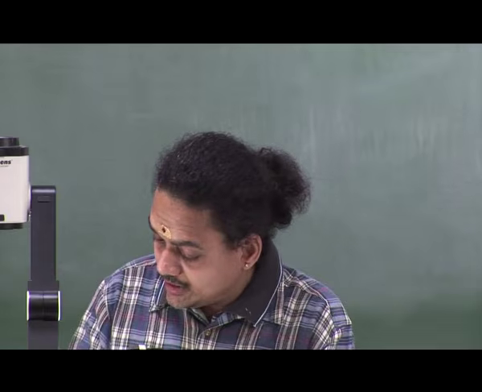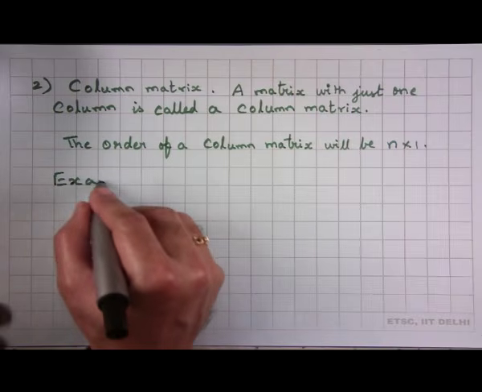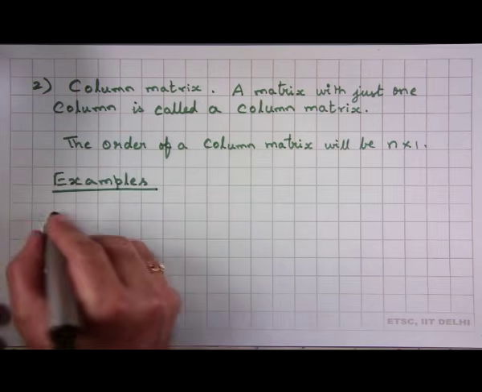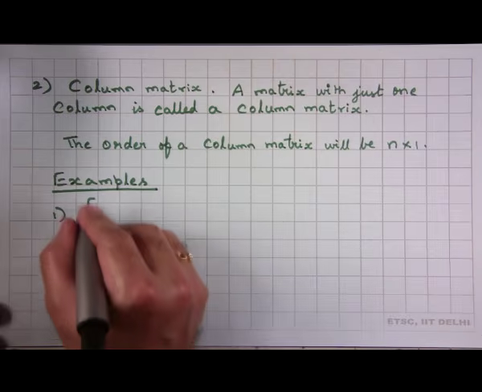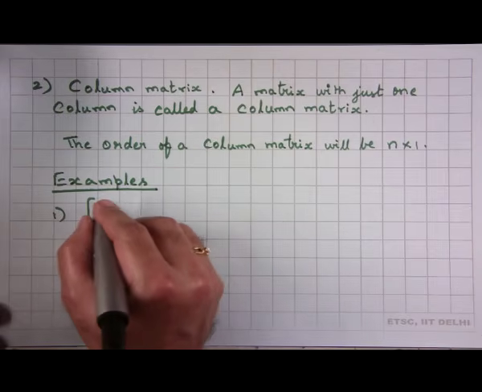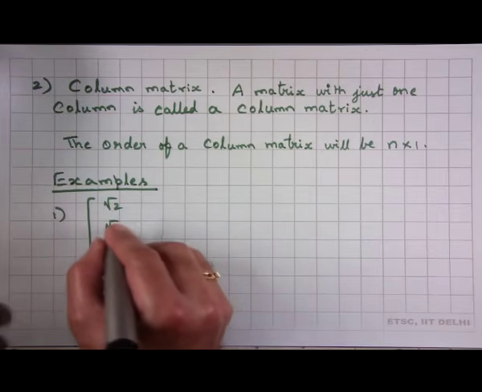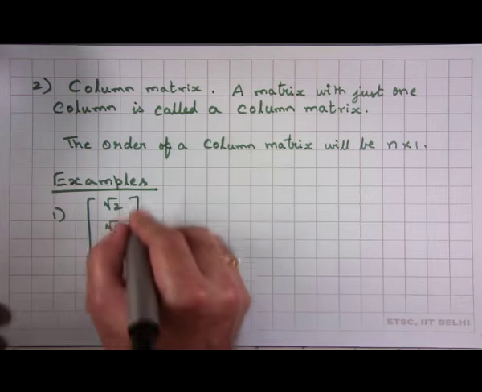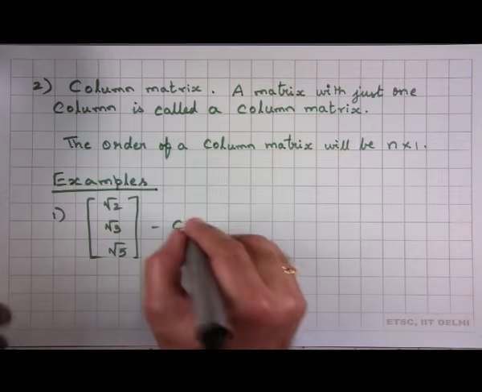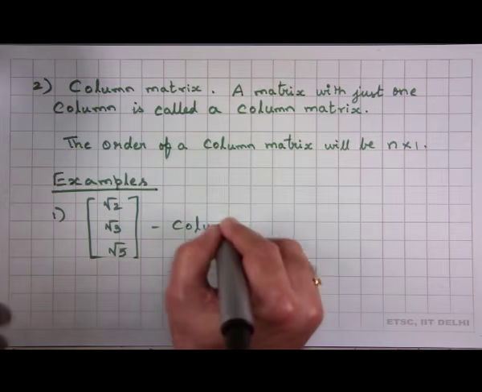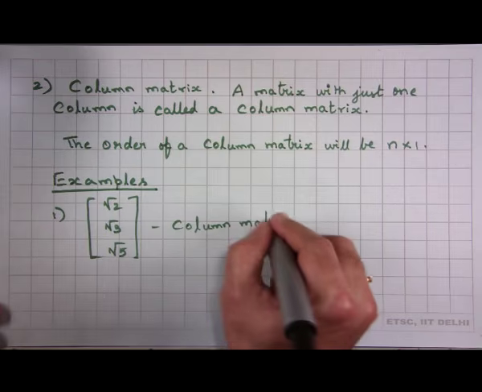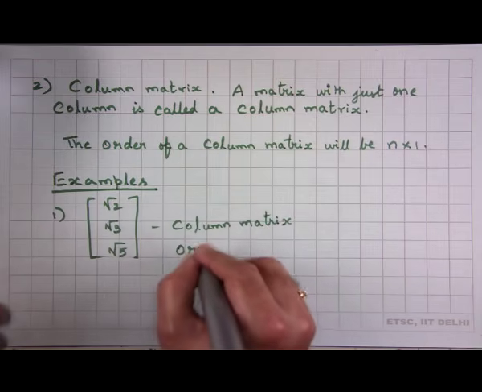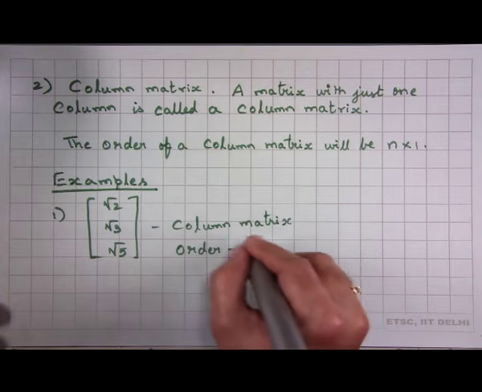So, let us do some examples. First one, you have root 2, root 3 and root 5. This is a typical example of a column matrix, and its order is 3 by 1.